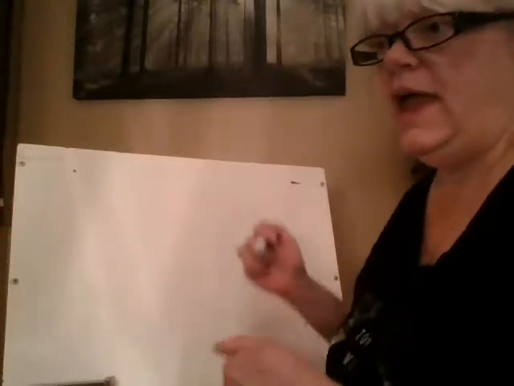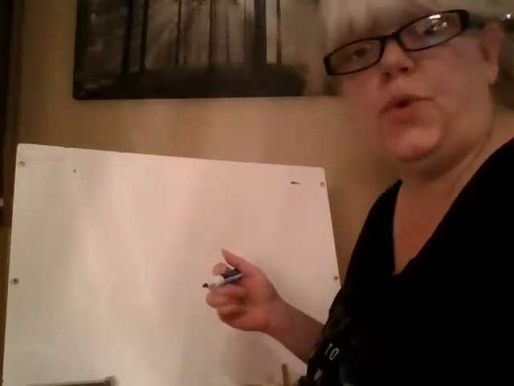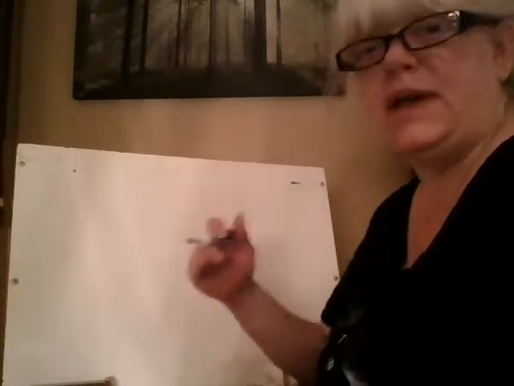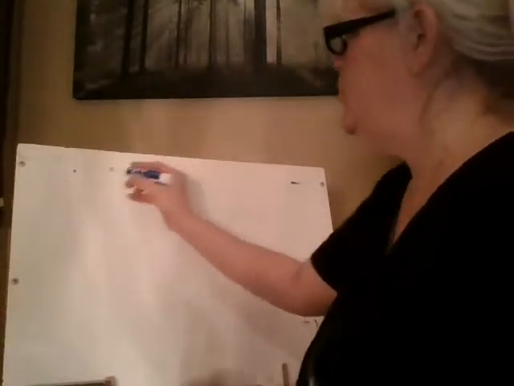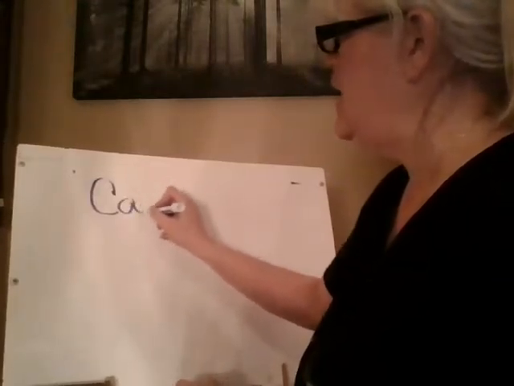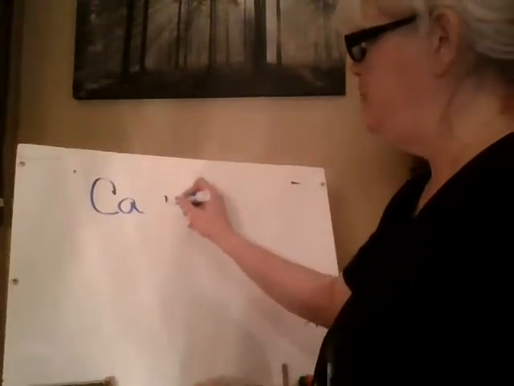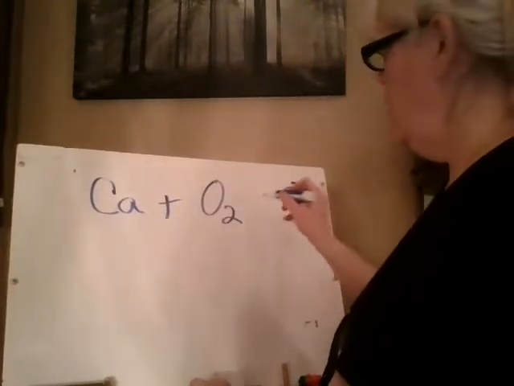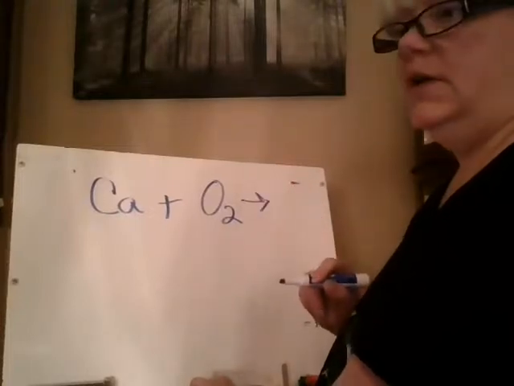So I'm going to go through and do our first equation together. This is the one that I had in the notes that I had step by step, and so you should recognize it. Plus O2 yields CaO.